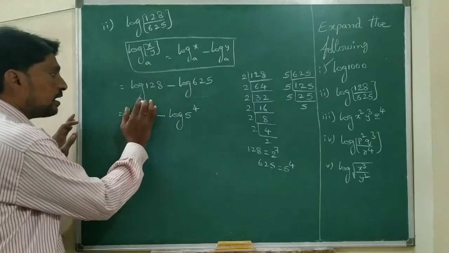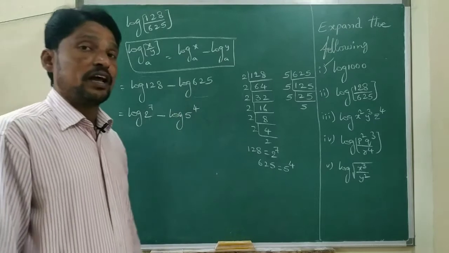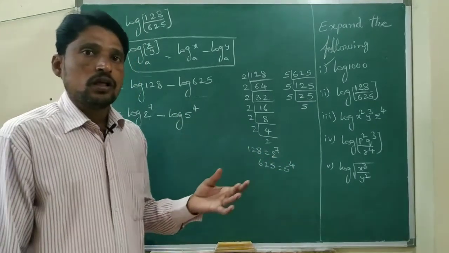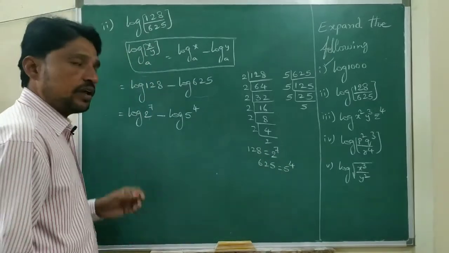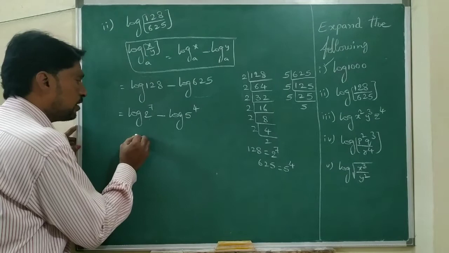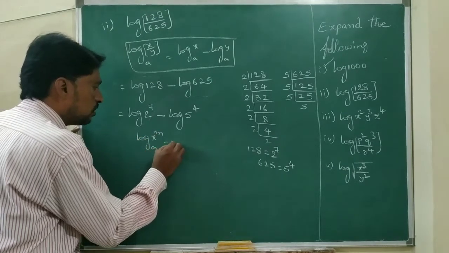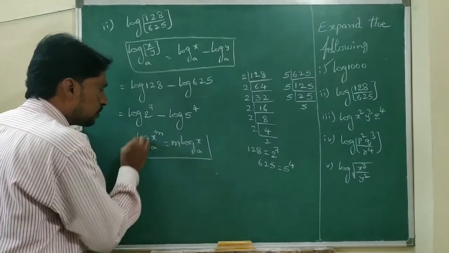So here again, what type of rule do we have to use? Product rule, quotient rule, or power rule? Yes, that is the power rule. Log x power m to the base a equals m log x to the base a.